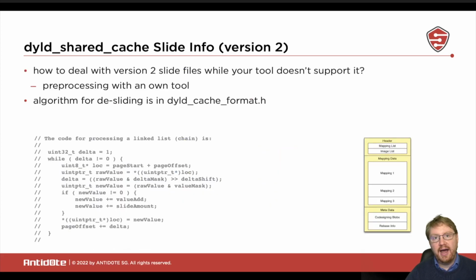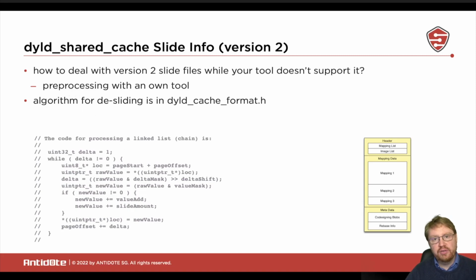So how do you decode this? Luckily, the algorithm you need is defined inside the dyld_cache_format.h file that I mentioned earlier. You will find code or pseudocode like this that tells you how to decode these version 2 slide info.